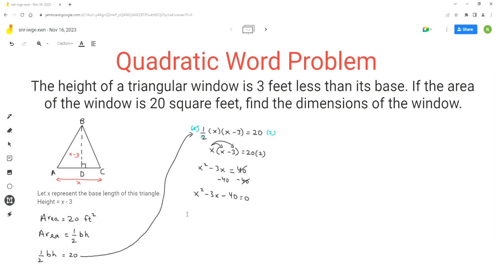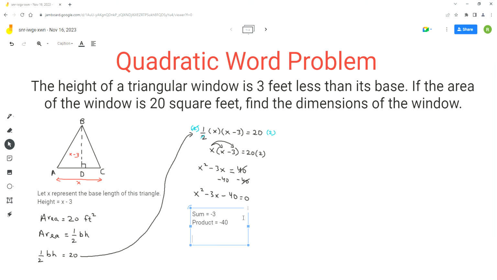We have to find two numbers whose sum is -3 and product is -40. In order to find those two numbers, we focus on the product. So we have to find two numbers that multiply to -40.